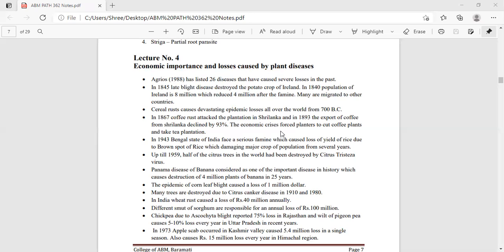In India, in 1943, the Bengal state faced a serious famine which caused loss of rice yield due to brown spot of rice, damaging the major crop of the population for several years. Helminthosporium oryzae is responsible for brown spot of rice, starting from 1943.